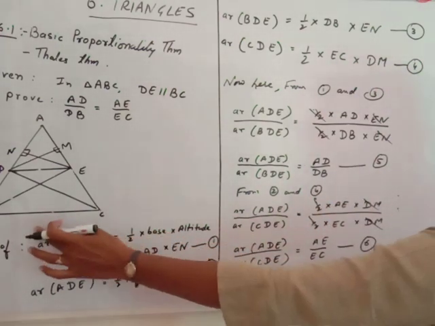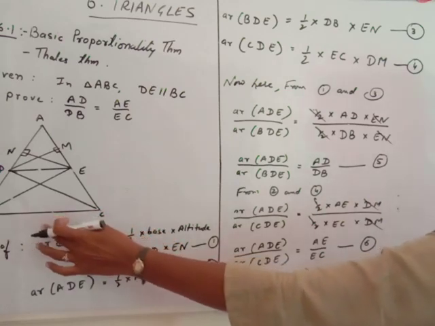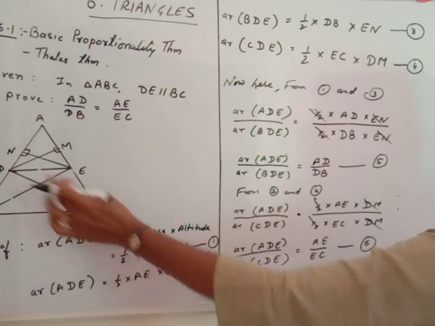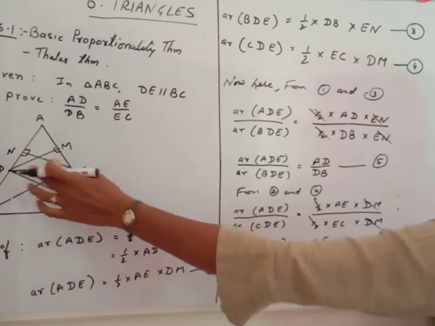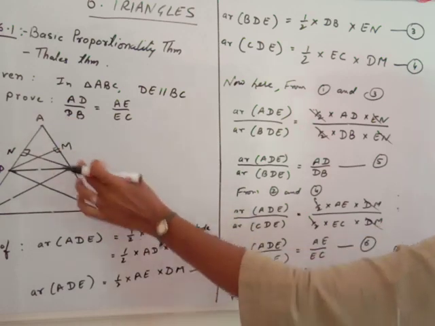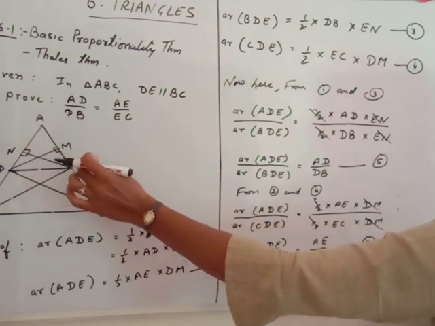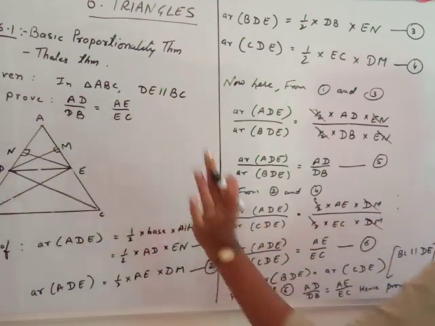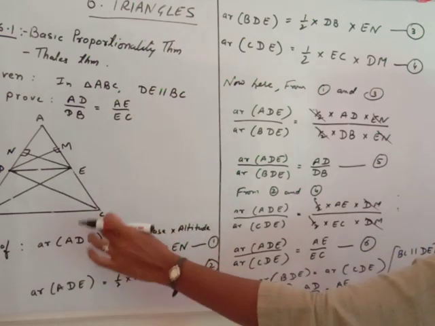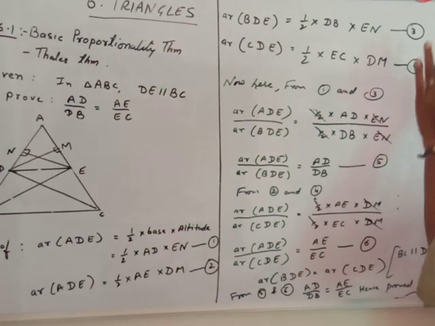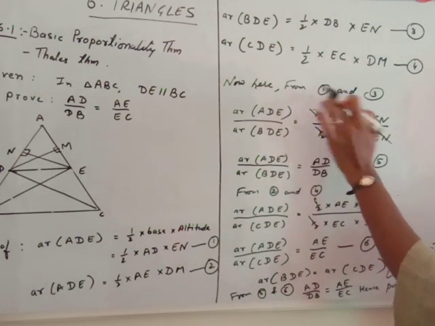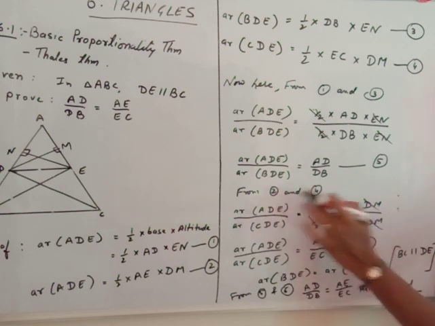Only write down in the beginning what you are doing. You write by yourself that first of all, join BE and CD. Afterward you draw a perpendicular DM from D on AC and a perpendicular from E on AB. That much you will write before starting here. After that you will create these 4 equations. After that you will take the ratio of 1 and 3, and then 2 and 4.